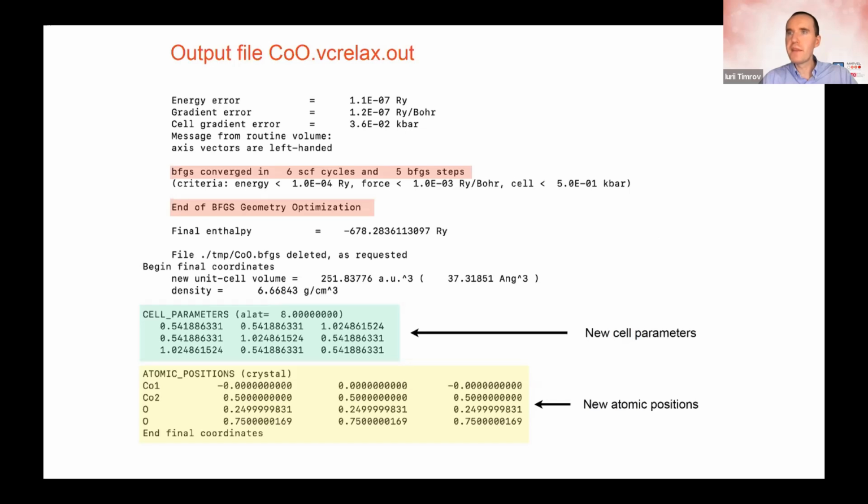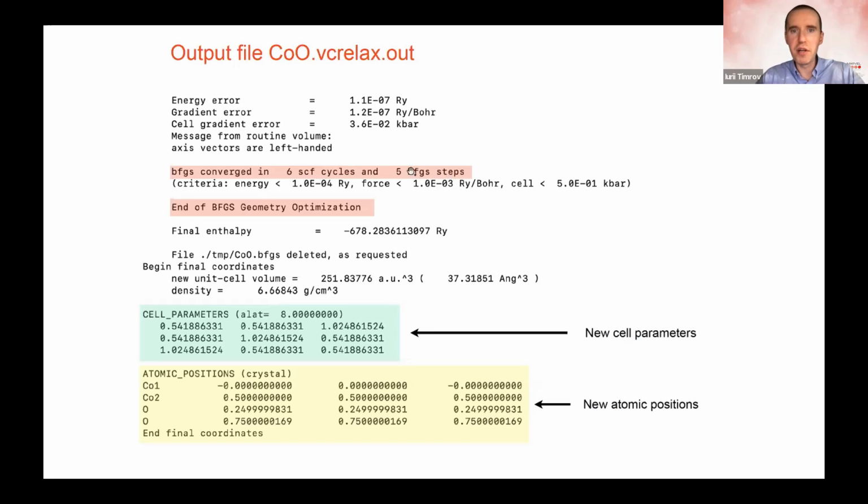Okay, so coming back to the VC relax. If you run the calculation, you can do it later on today after the hands-on as homework, you will see that the calculation should converge after 6 SCF cycles and 5 BFGS steps. This means the code performed 5 ionic moves and 6 electronic self-consistent calculations.